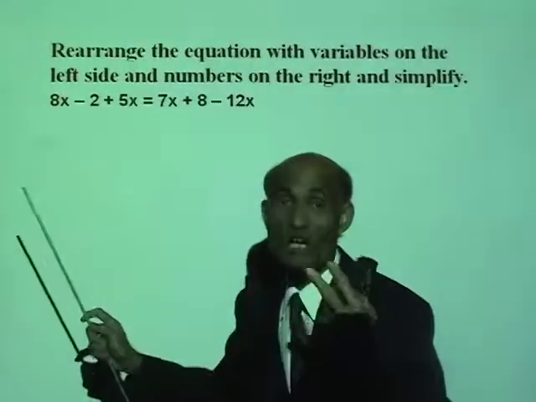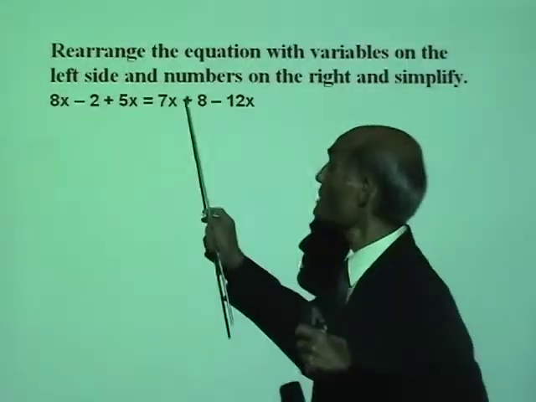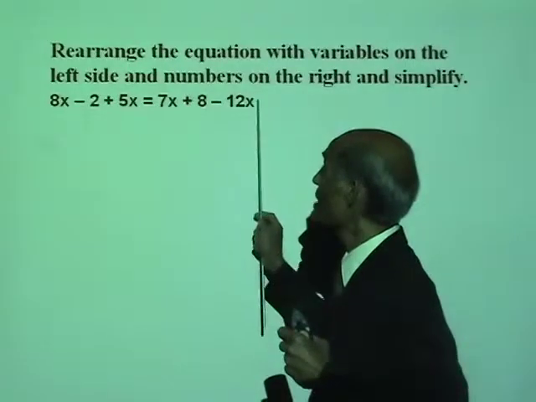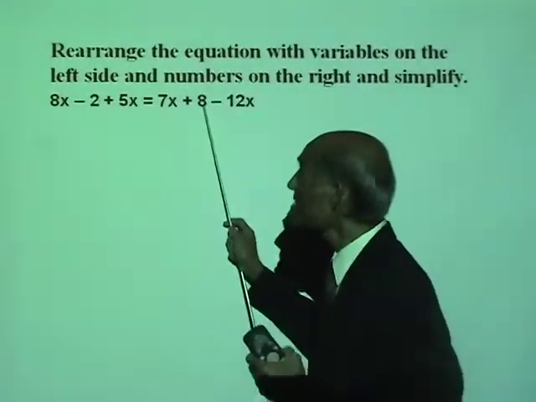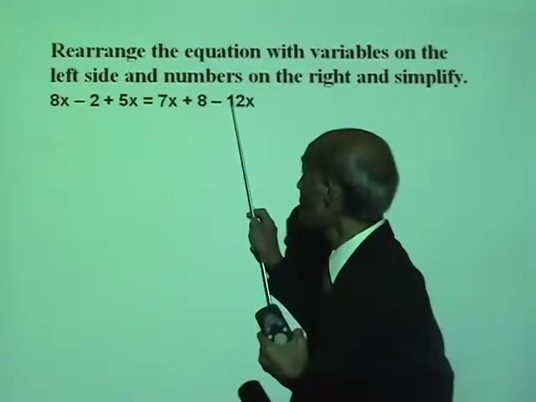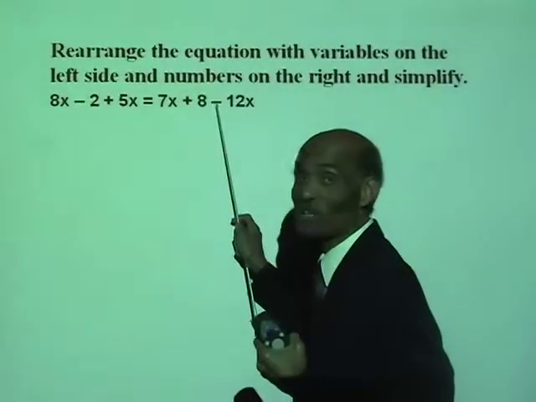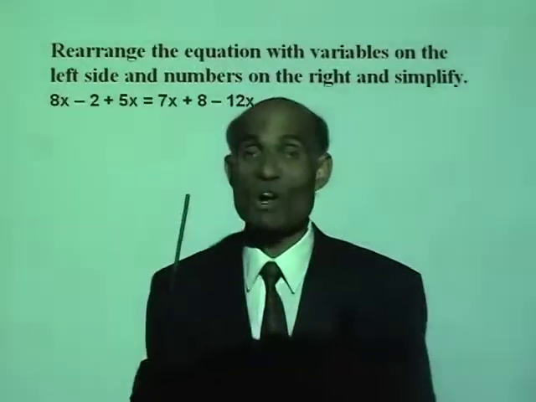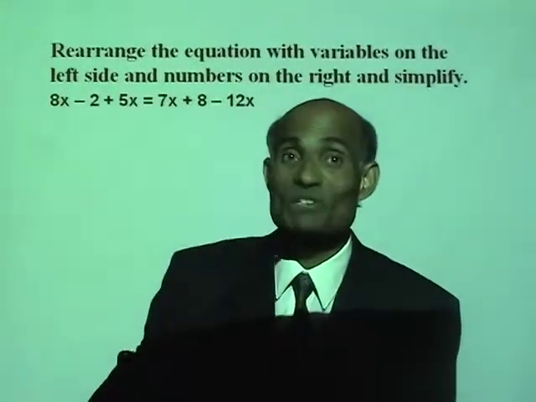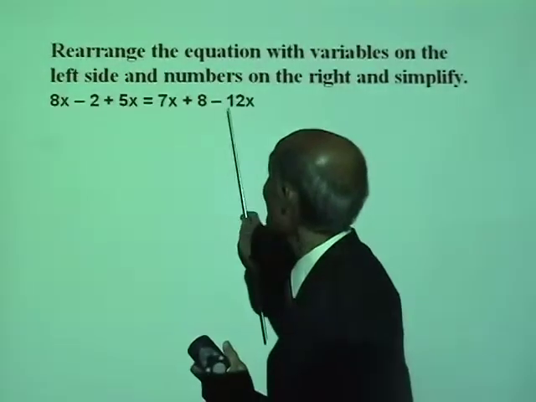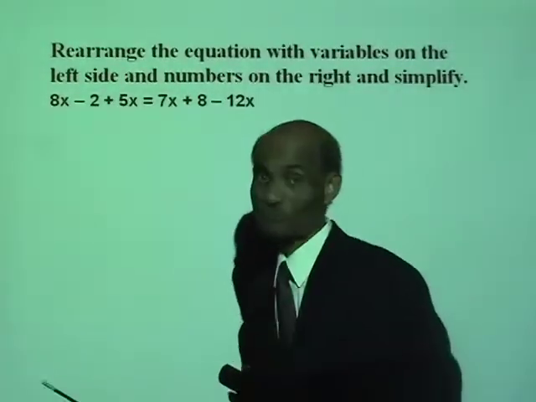There are 3 terms on the left side. How many terms are there on the right side? 7x, that is positive, 8, that is positive, this 12x is negative. Remember, the sign of a term is the sign that appears immediately to its left. So this 12x is negative.